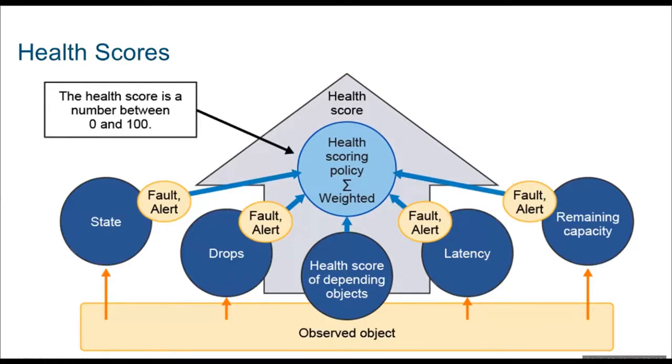The capacity of a particular, let's say a switch, its TCAM's capacity is reduced. So many factors influencing health of each object. The closer it is to 100, that means it is working perfectly.